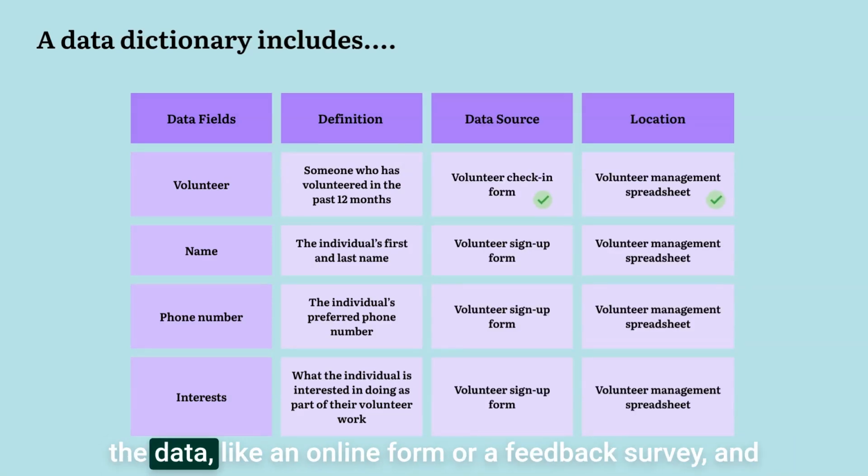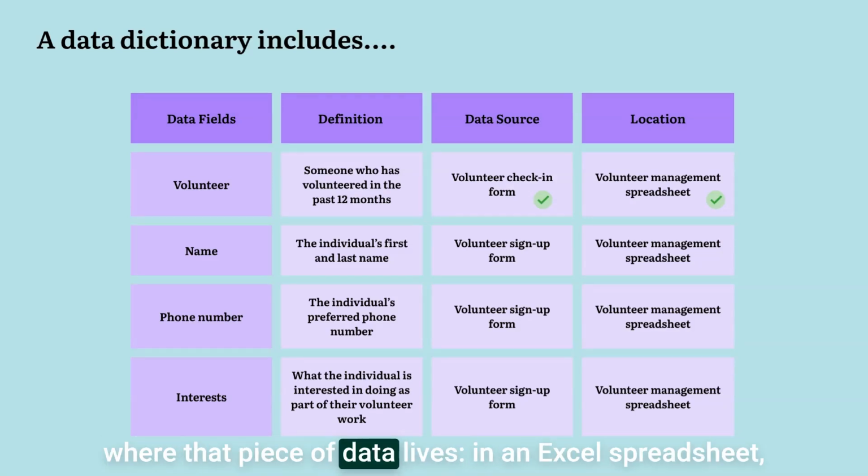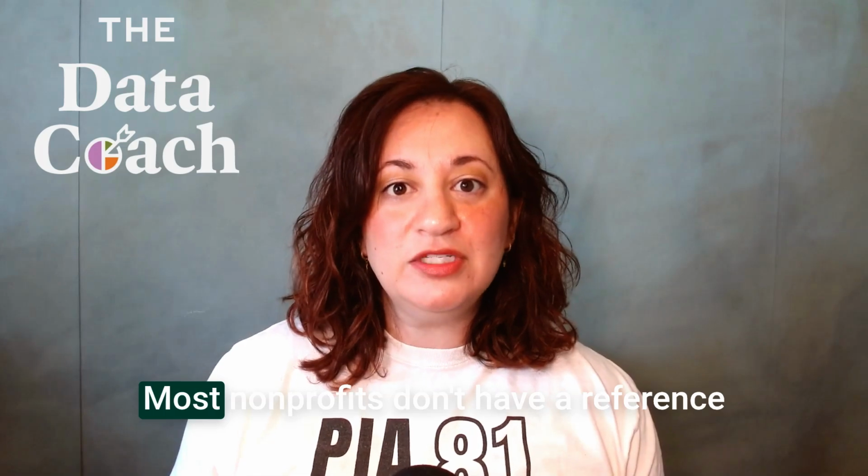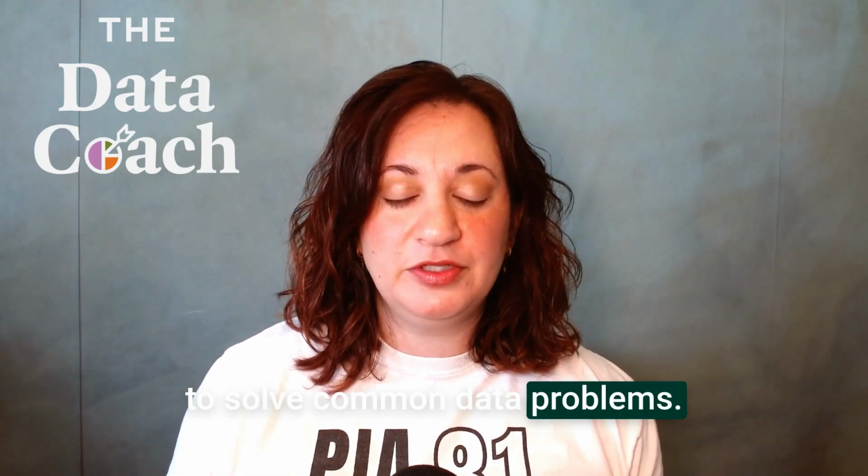The source of the data, like an online form or a feedback survey, and where that piece of data lives, in an Excel spreadsheet, in a database, in an email marketing software, wherever. Most nonprofits don't have a reference like this, but it can do wonders to solve common data problems.